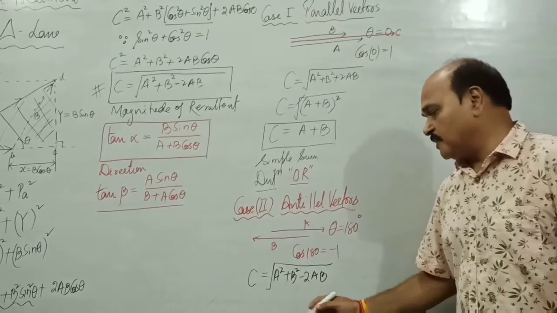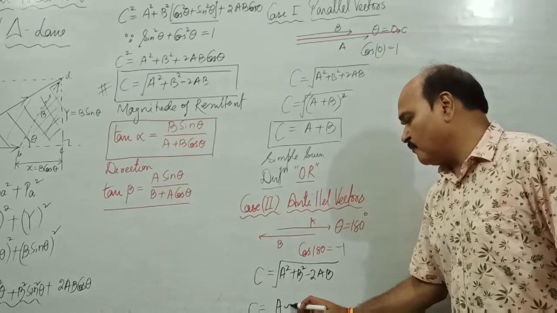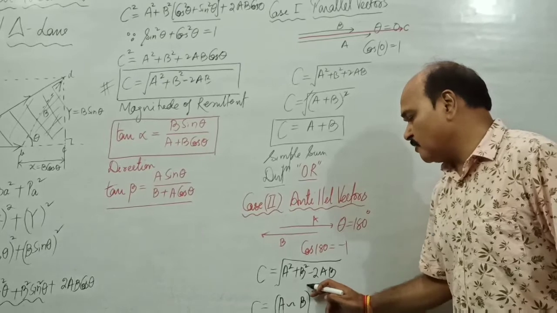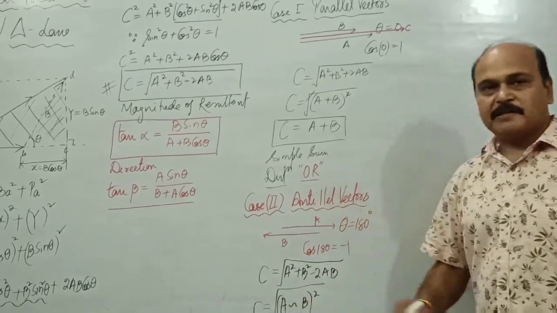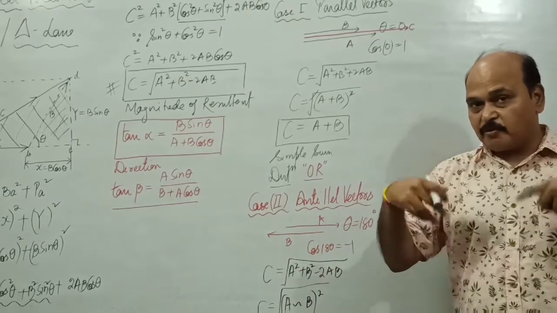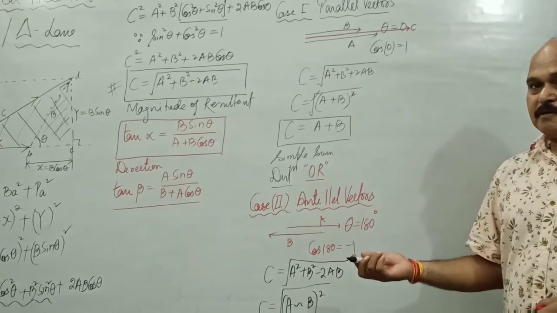This is the vector sum in situation number 2. And this quantity within the bracket is nothing but the square of A minus B, or it is also the square of B minus A. This quantity within the square root is A minus B whole square, or it is also B minus A whole square.